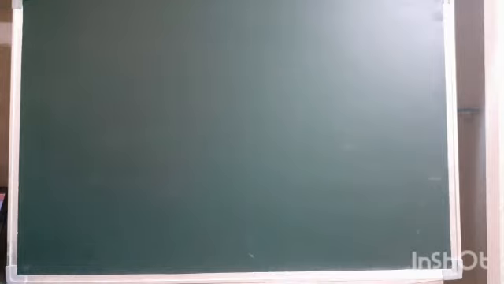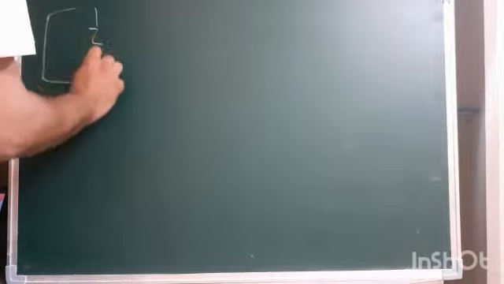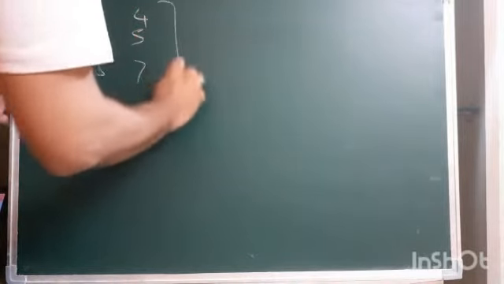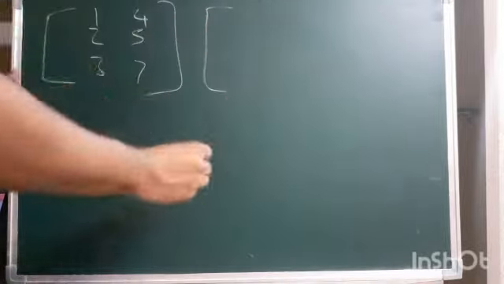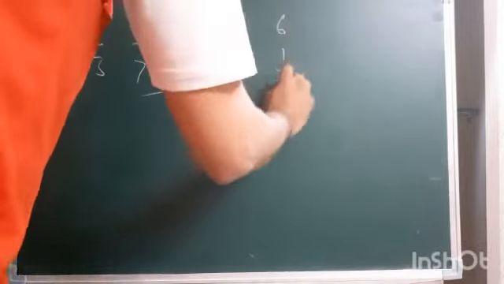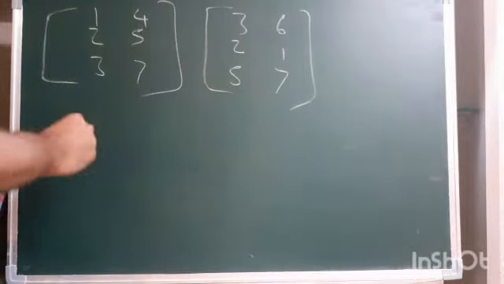First is addition. For example, if we have two matrices, the matrices of the same order can be added. So the addition is done.